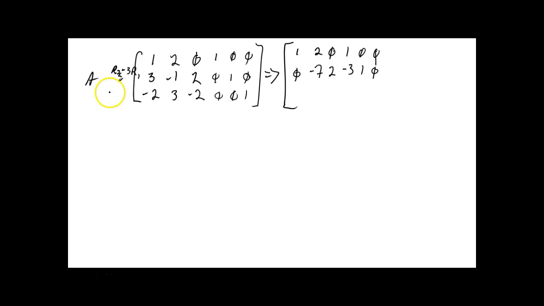Go ahead, somebody. Row 3 plus 2 row 1. Right? All right, what does that give us for the first entry? 0.